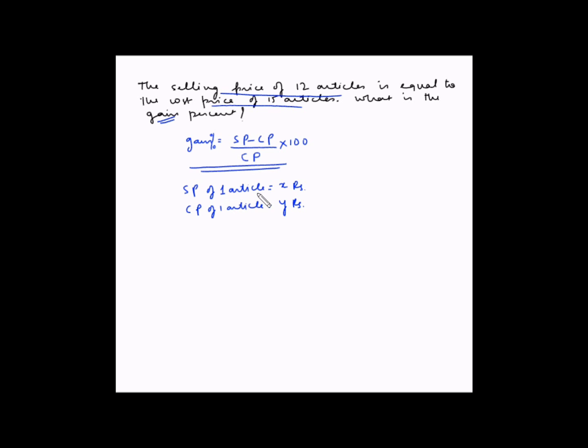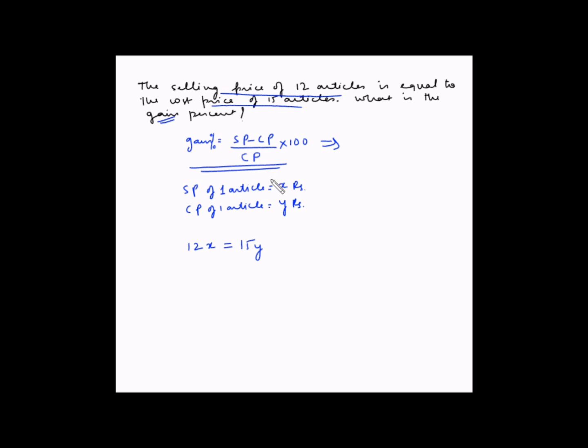So for one article the selling price is X, so for 12 articles it will be 12 multiplied by X. So 12 times X is equal to the cost price of 15 articles. So for one article the cost price is Y. For 15 it will be 15 multiplied by Y. So 15Y.